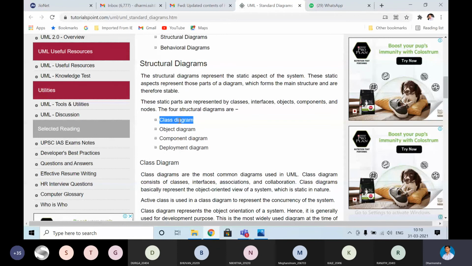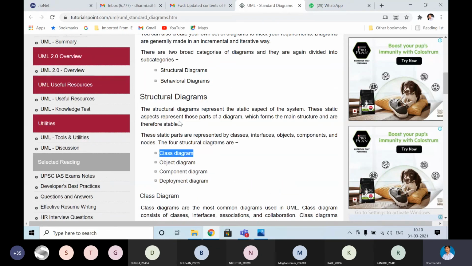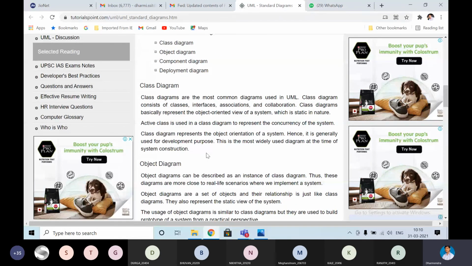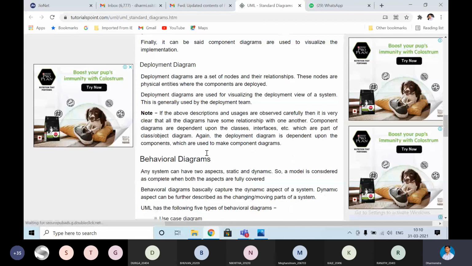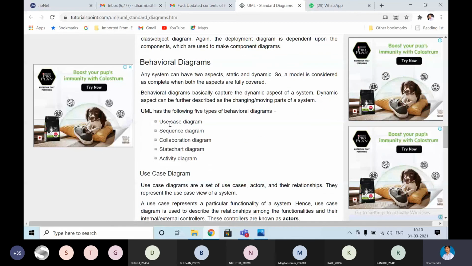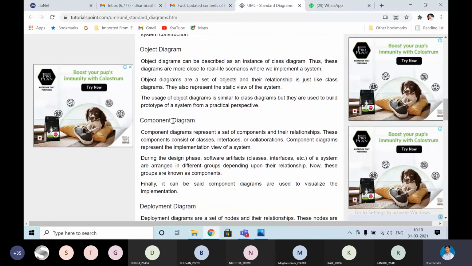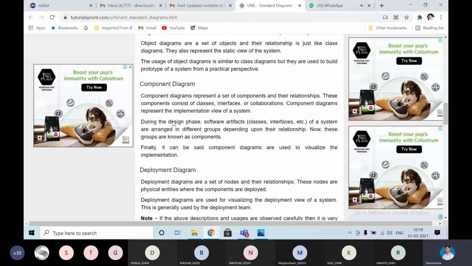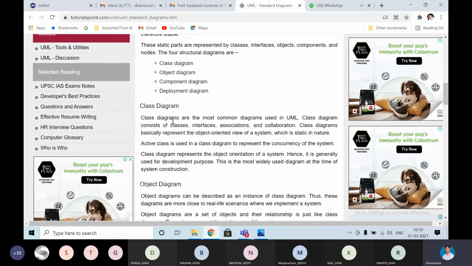We are going to discuss the class diagram, which comes under the structural diagrams. Next, we have behavioral diagrams: use case diagram, sequence diagram, collaboration diagram, state chart diagram, and activity diagram. Here, we are going to discuss the use case diagram. This means you are going to learn one structural diagram and one behavioral diagram.